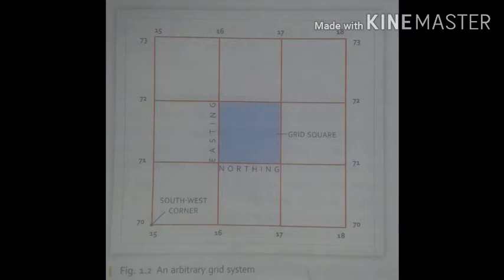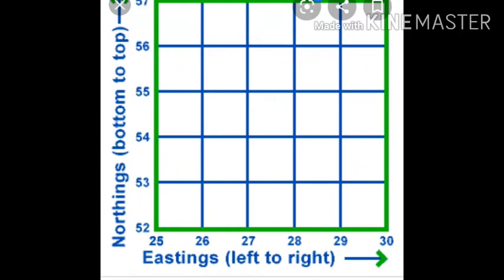Secondly, the vertical grid lines running from north to south, you can see 15, 16, 17, are called eastings. Why are they called eastings? Because they lie to the east of the southwest corner.